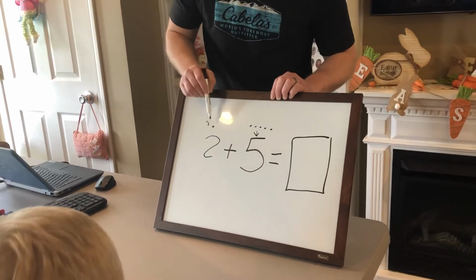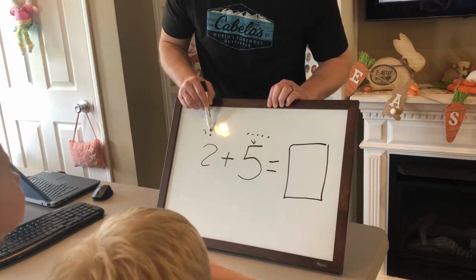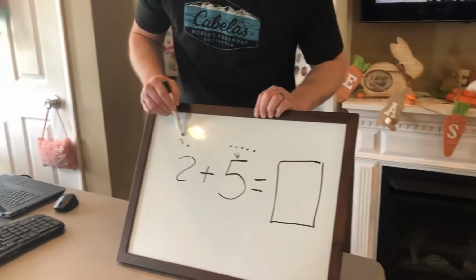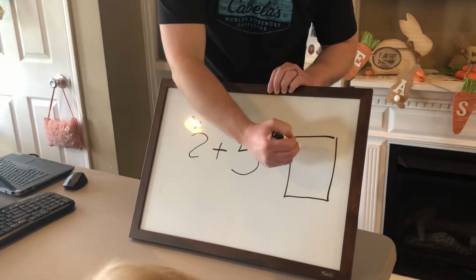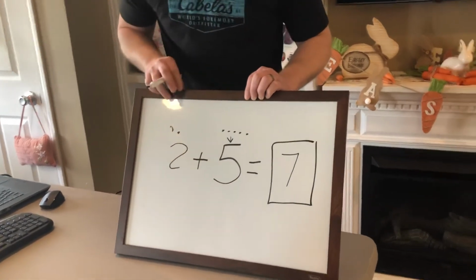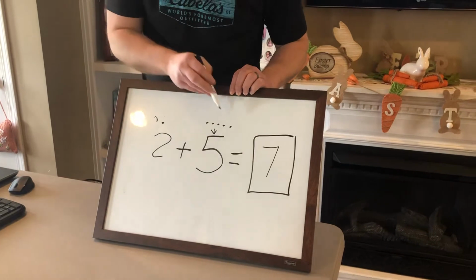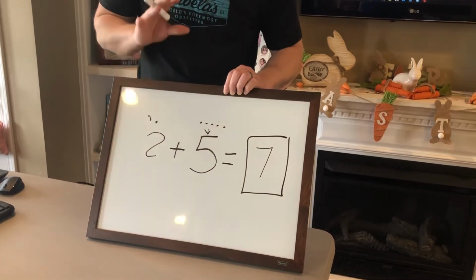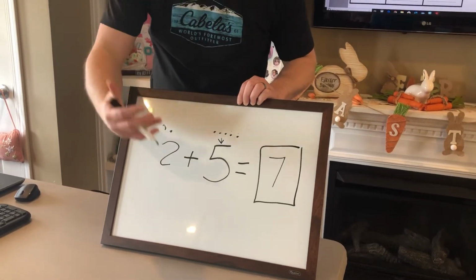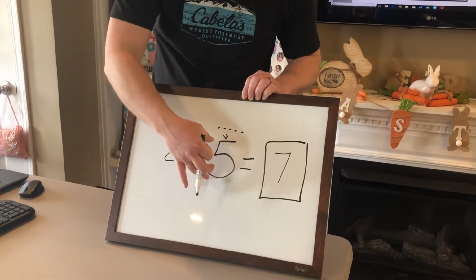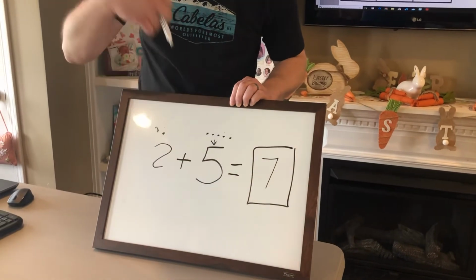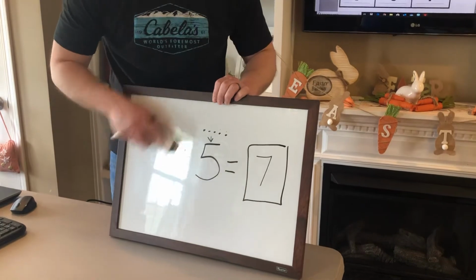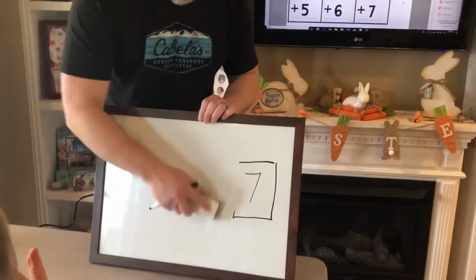So 5, 6, 7. And if that's difficult for you, then keep counting them all. You can start at 1. 1, 2, 3, 4, 5, 6, 7. But what you want to grow into is starting with your 5 and counting up. 5, 6, 7.